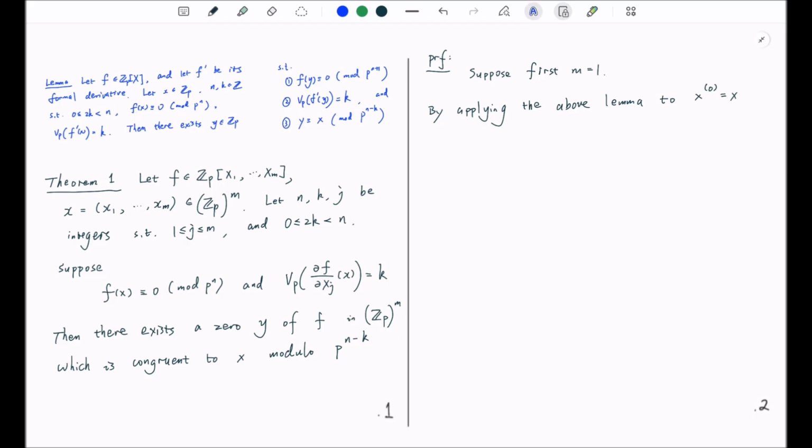And by this lemma, we obtain another element y that is closer than this x to the true solution, which we will denote by x superscript 1. And this x1 will also satisfy these three conclusions. We'll change the order a little bit and copy them here.